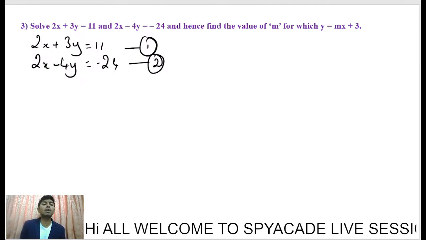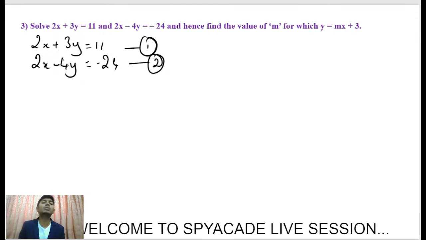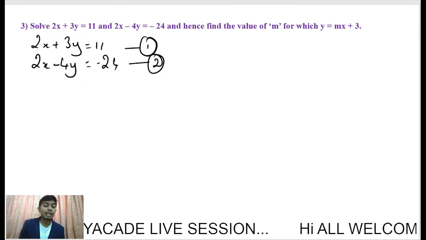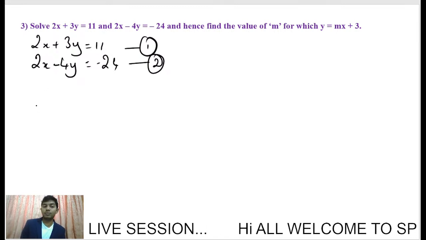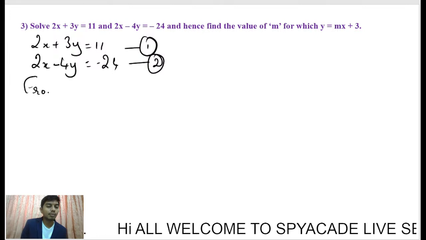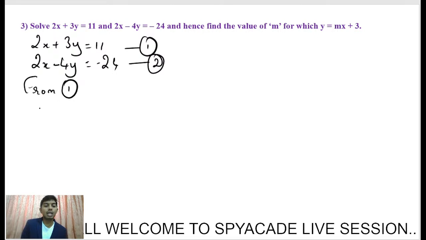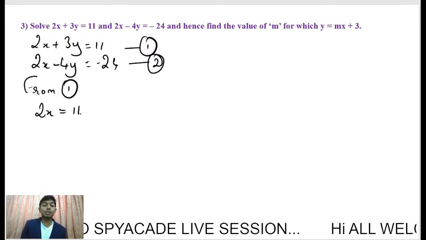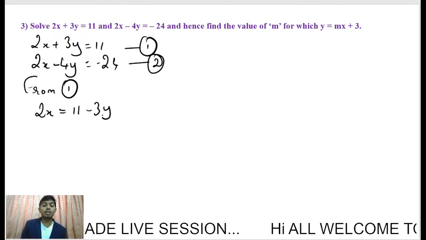So till now we have discussed all about this substitution method only. So this is also the same way. Kindly listen very carefully. We are just rearranging the first equation. I'm just keeping the 2x as such. 2x is equal to 11 minus 3y.